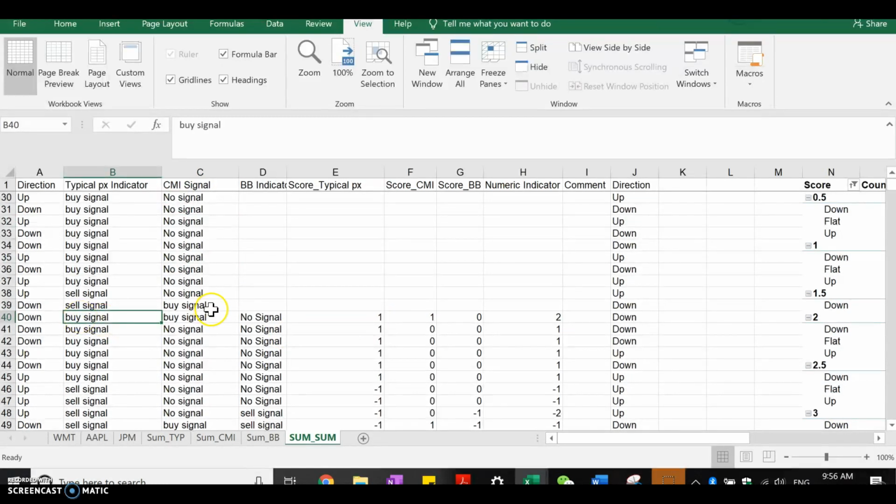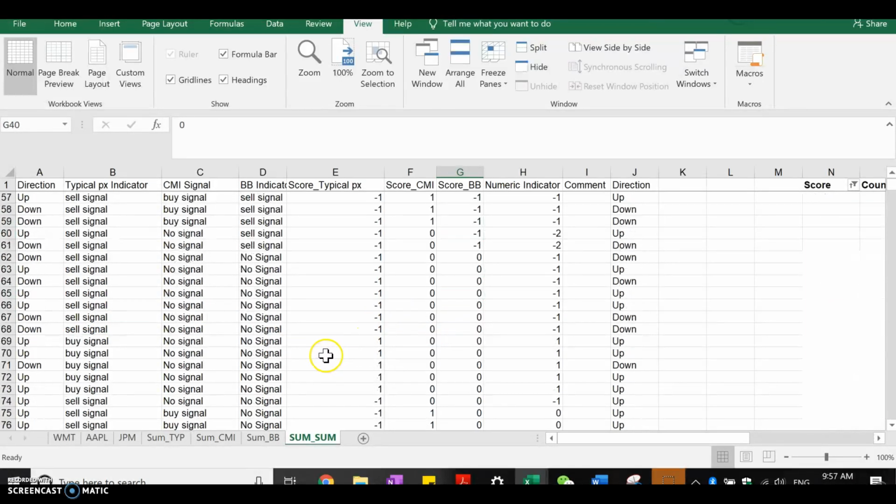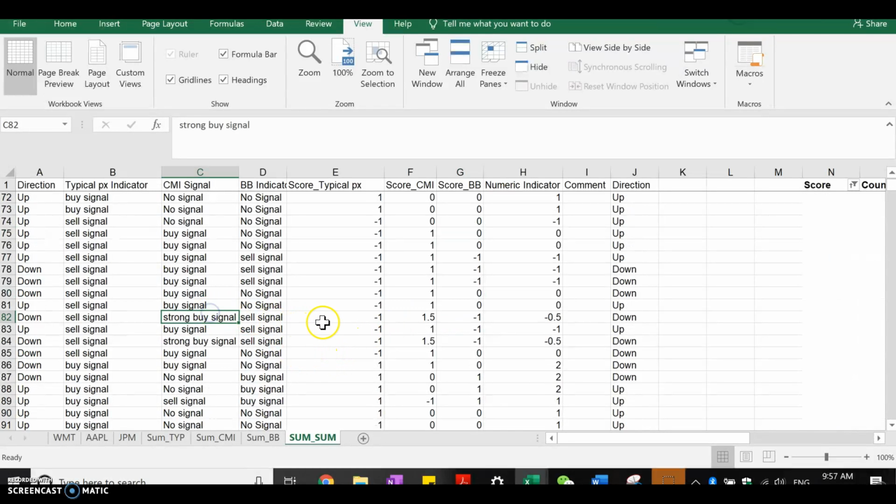If it's a buy signal, I would assign 1. If no signal, I'm going to assign 0. In some cases where there's a strong buy signal, I'll give it 1.5. If it's a strong sell signal, I'll give it negative 1.5. And then I'm going to sum up all the numerical indicators.